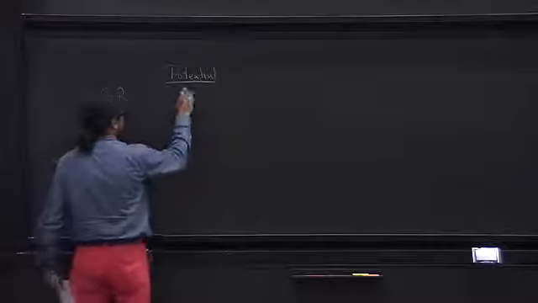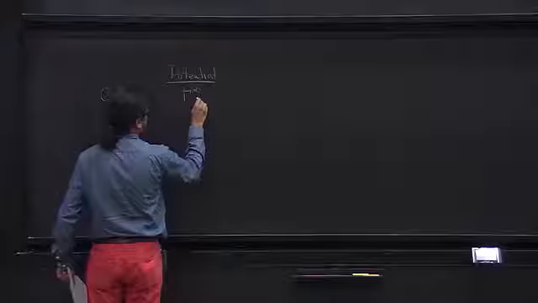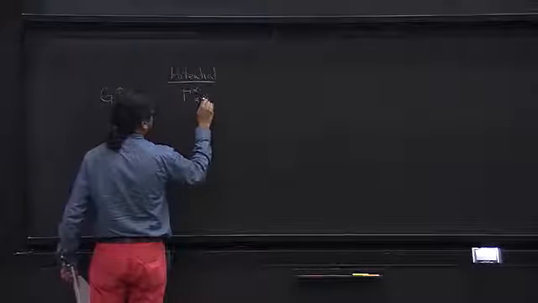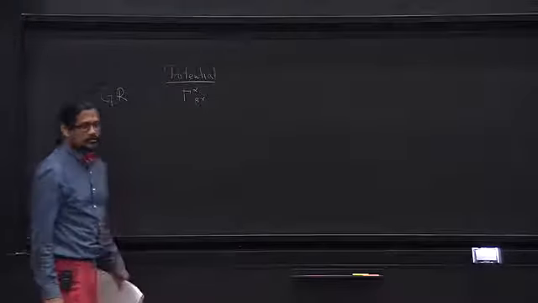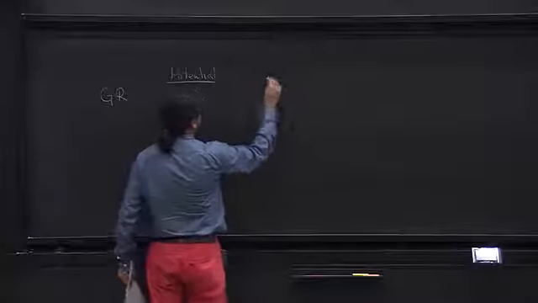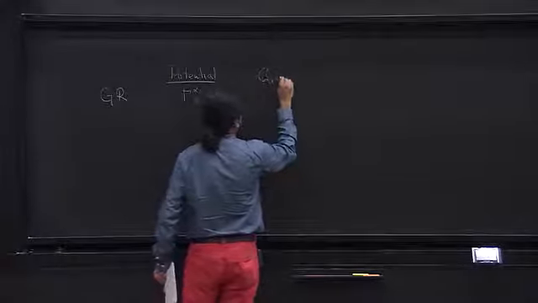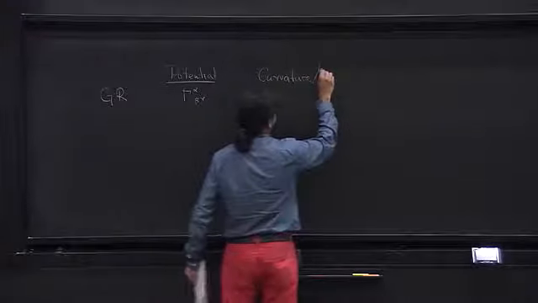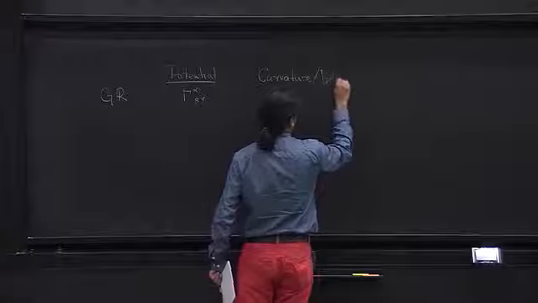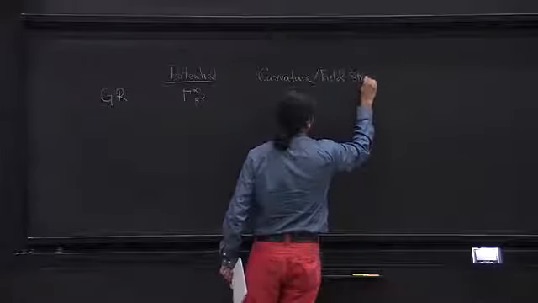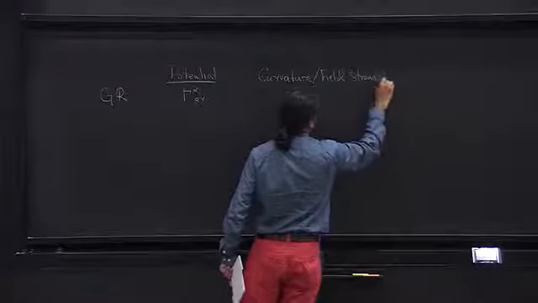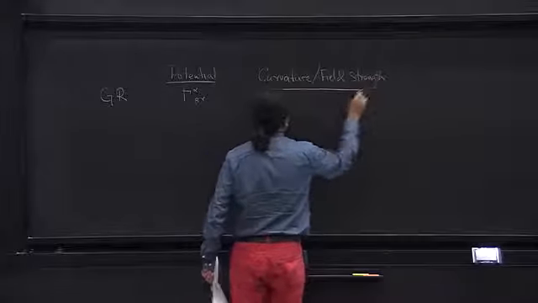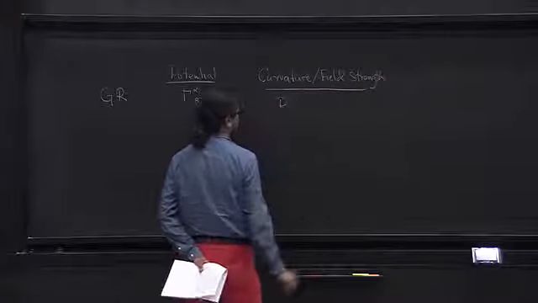So GR has a potential, which is called the Christoffel symbol. And from this potential, you can derive curvature or field strength. And those are the Riemann tensors.